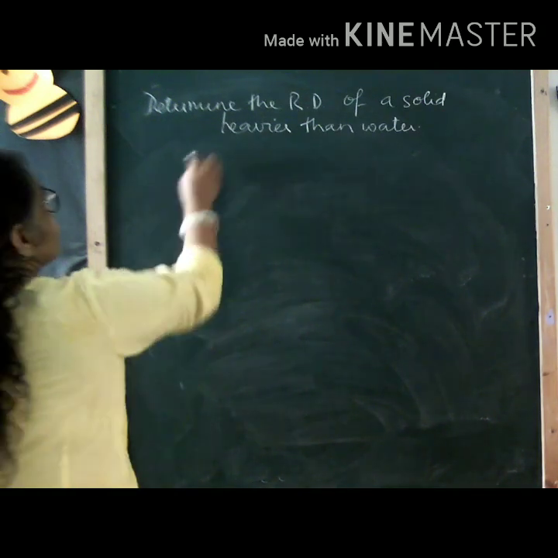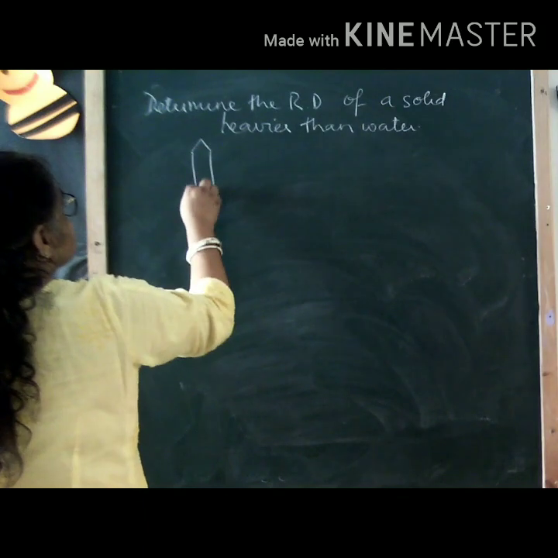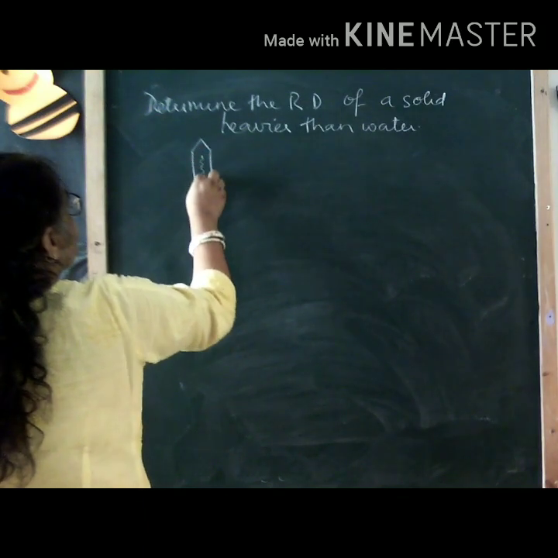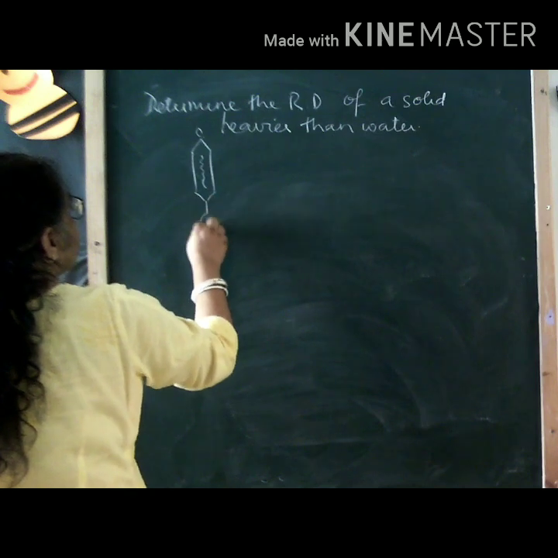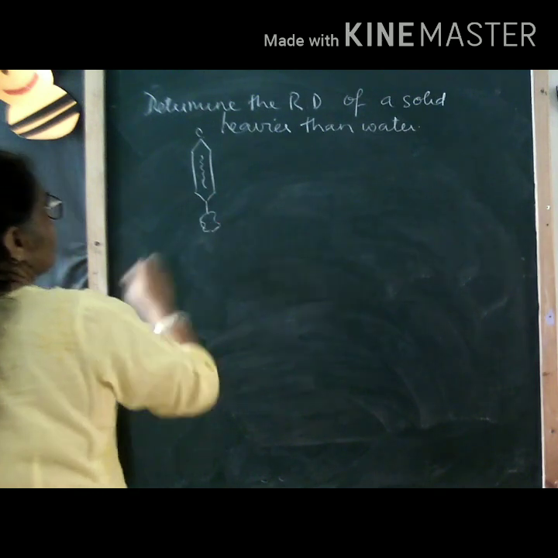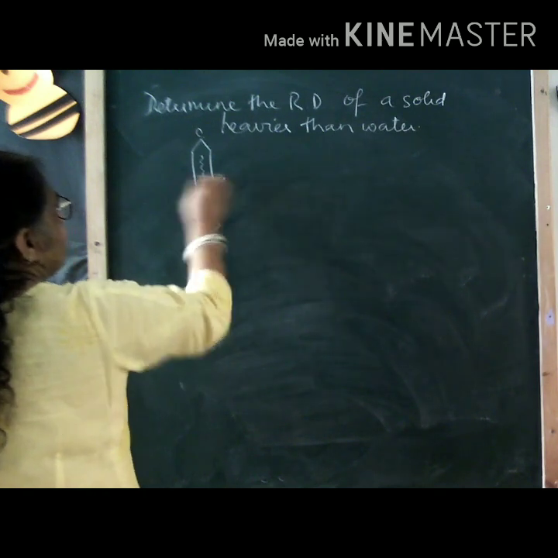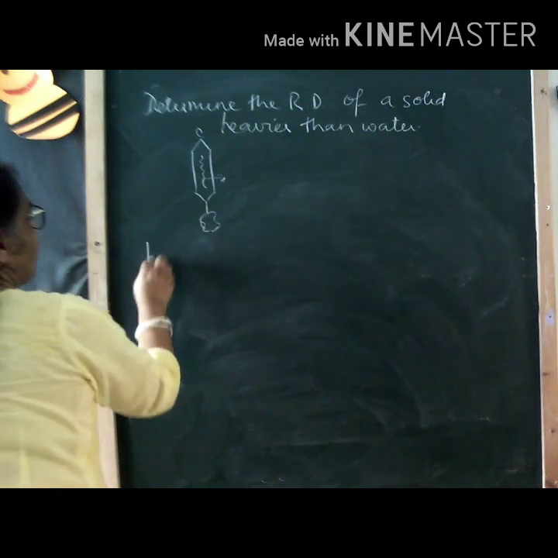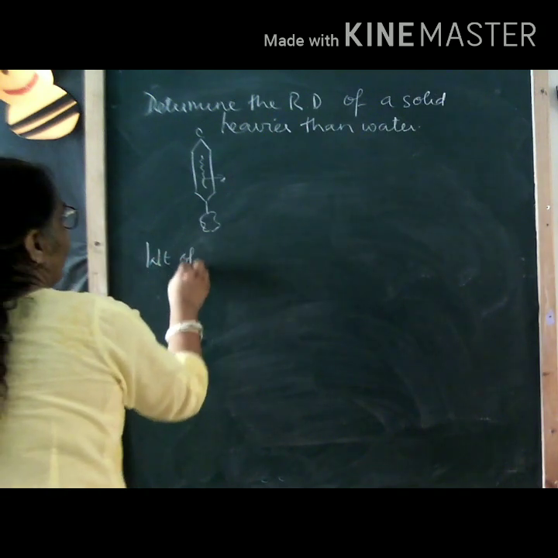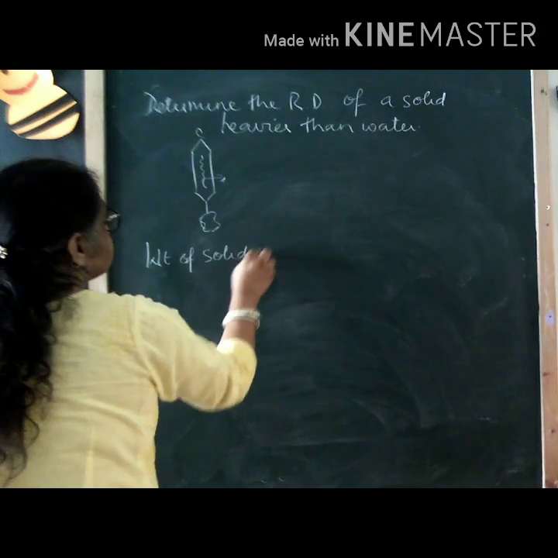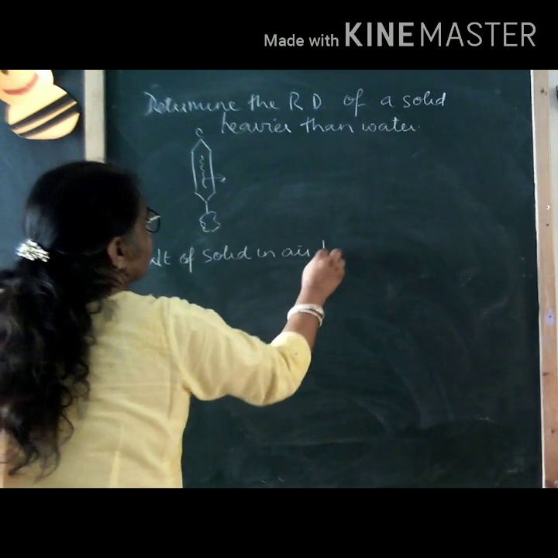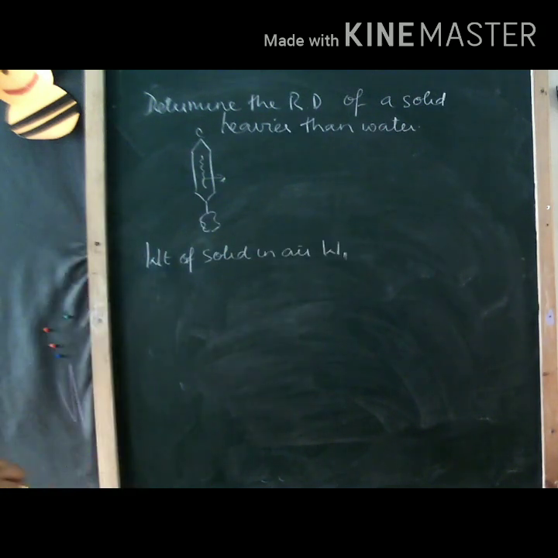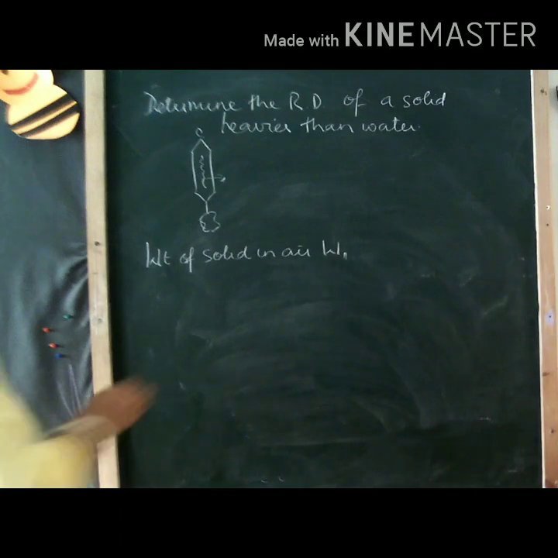So I will need a spring balance. So let's say this is a spring balance, right? And we'll hang the solid over here. So what will the pointer indicate? The pointer will indicate the weight of solid in air, and let's say I denote it by the symbol W1. So I have weight of solid in air as W1.